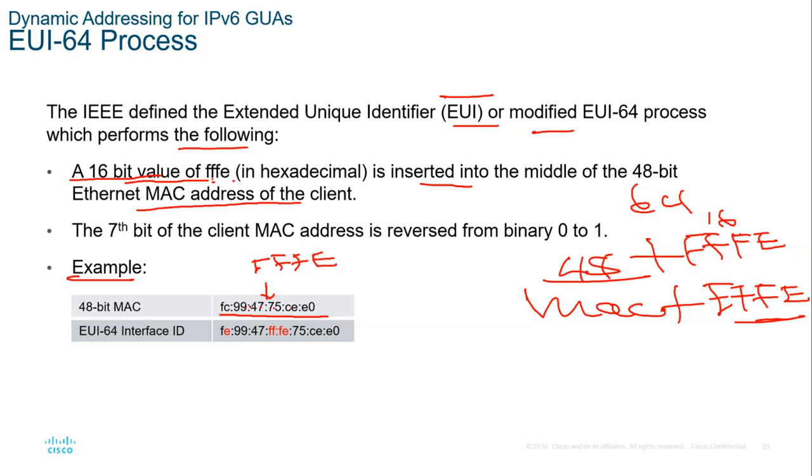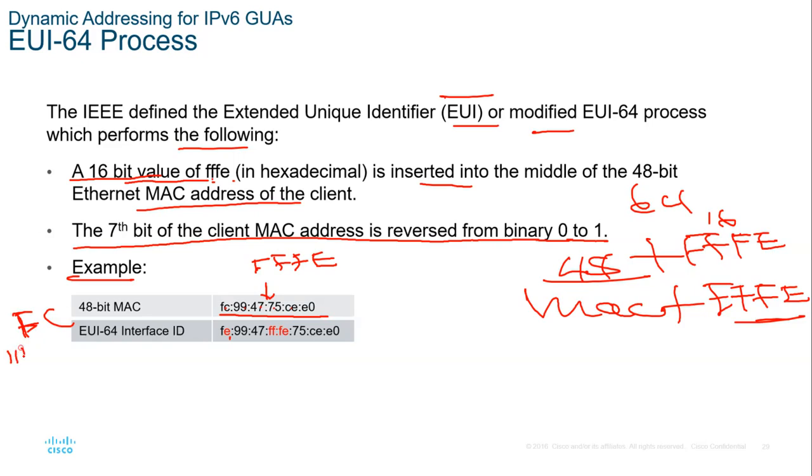And then the 7th bit of the client MAC address is reversed from binary 0 to 1. So if it is a 0, you change it to 1. If it's a 1, you leave it as 1. So when you look at this, we have F, but in here we have E. So it will be this. We can first convert this, FC.